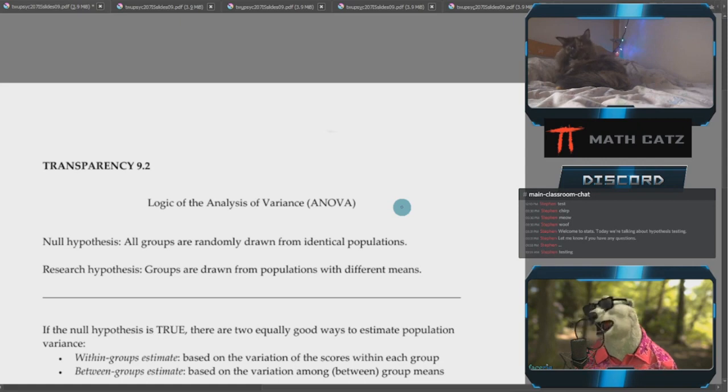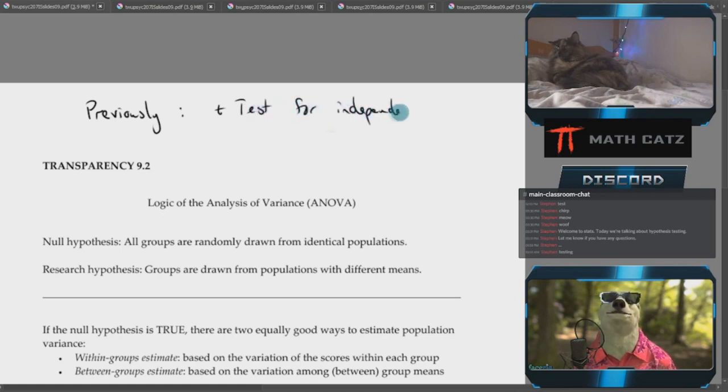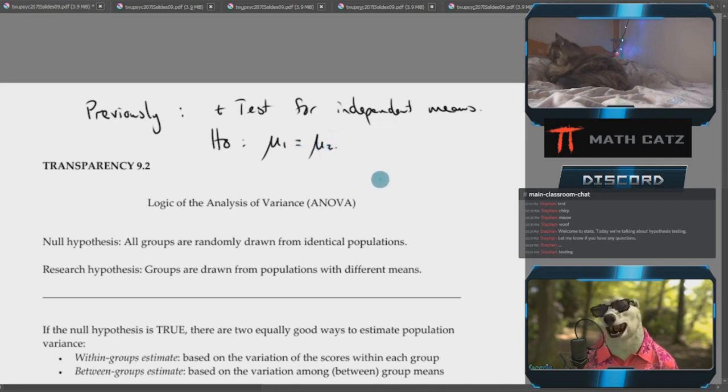So if you think back previously, we had our t-test for independent means, so to speak, where we had independent groups, two independent groups, and we were testing the null hypothesis if the means are the same or not.